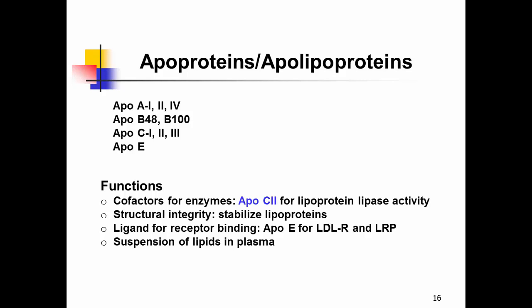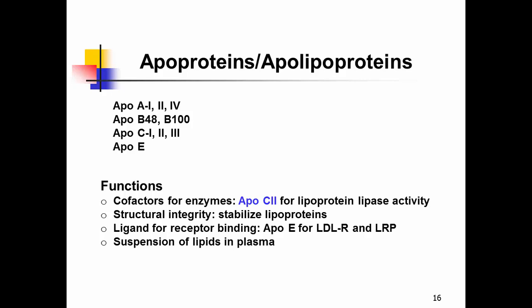So just remember ApoC2 is important and required for lipoprotein lipase function. Without ApoC2, lipoprotein lipase cannot function properly. And secondly, apoprotein is also important for structural integrity and can stabilize the lipoproteins.